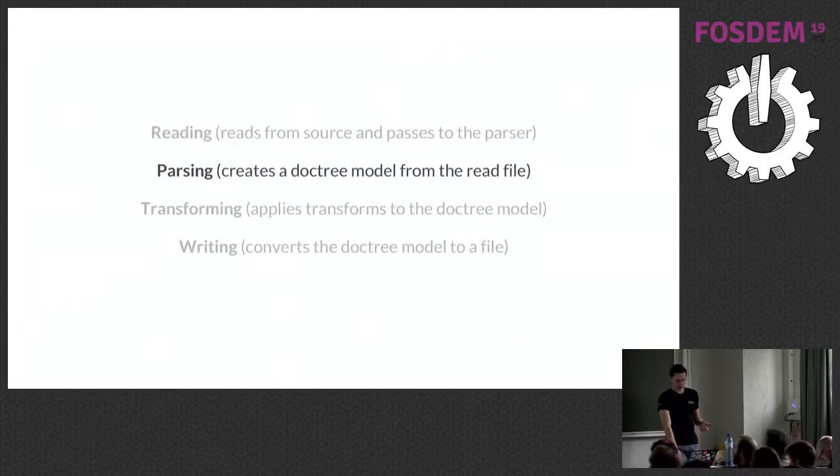But from the parsing side of things, all that a parser needs to do is take in a file that has already been loaded by one of the readers and convert it into one of these doctree models. So you can think of the doctree model as something like the intermediate model that LLVM uses. It's the canonical representation of your document, regardless of what format you're using for input and output.